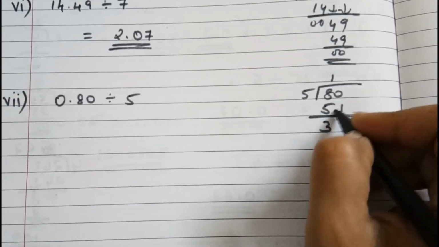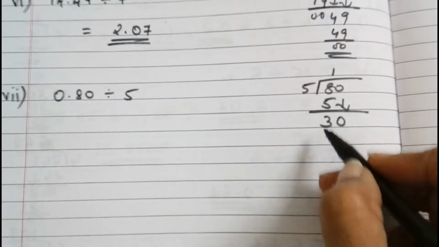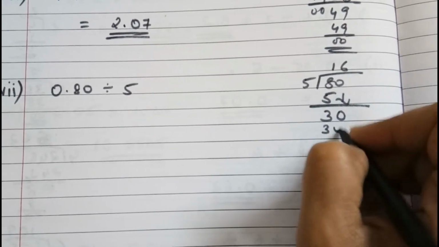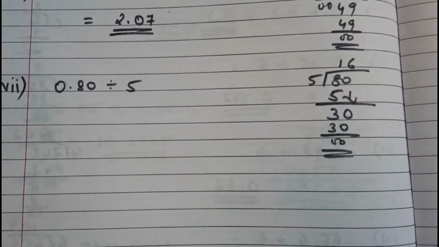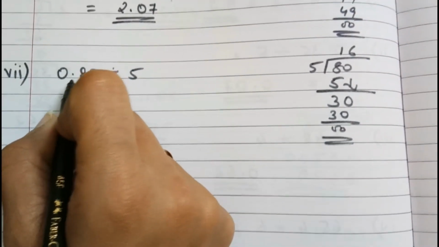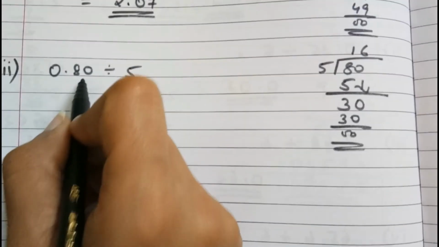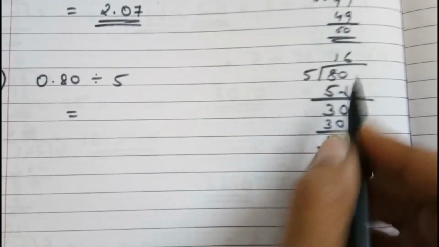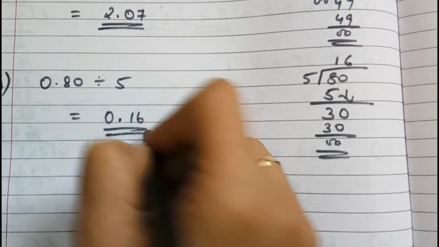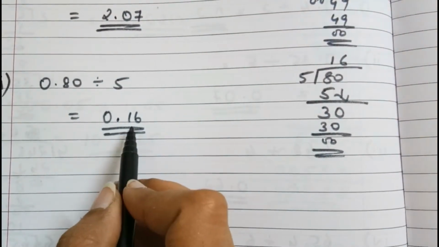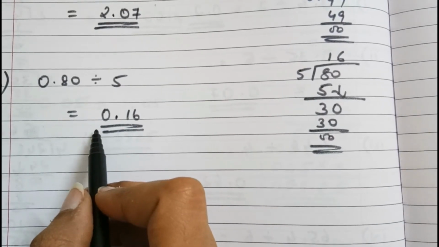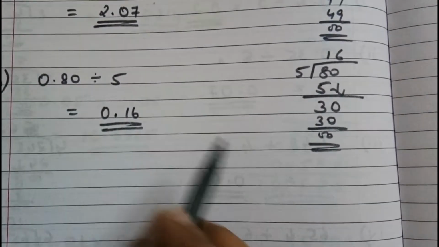Now since 3 is smaller, we'll bring down this 0. 5 will go in 30 6 times. 6 5s are 30. Clear? So here, since after the decimal point there are two numbers, and we have got the answer as 16, the answer here would be 0.16. So basically it's 0.16, and since there is no number before, we put a 0. Clear? I hope this is clear to everyone.